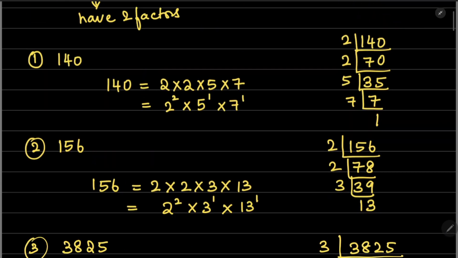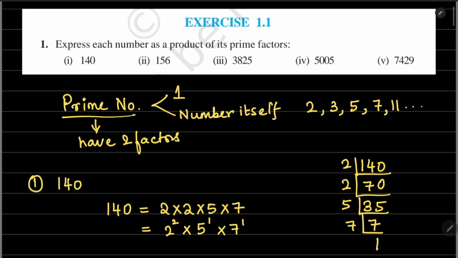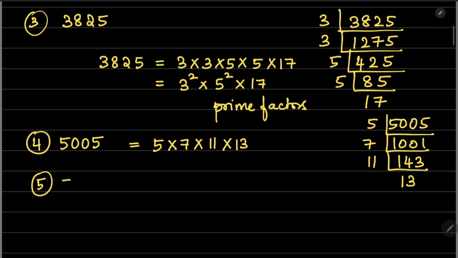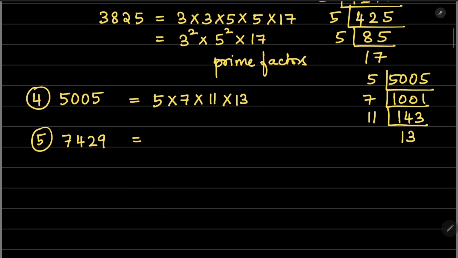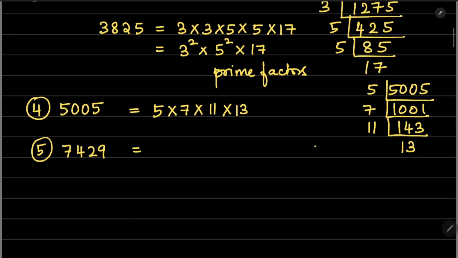Fifth question. What is the last question? 7429. Let us do the prime factorization here. 7429. So it ends with 9. Now this is a tricky problem because none of the initial prime numbers are divisible for this specific number.